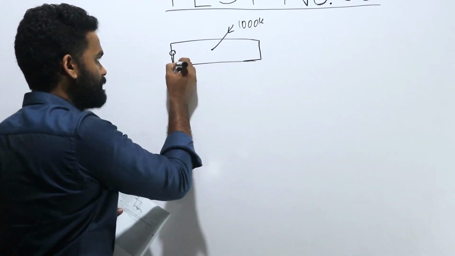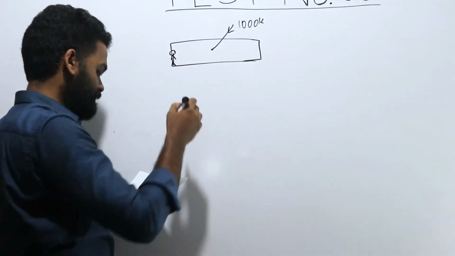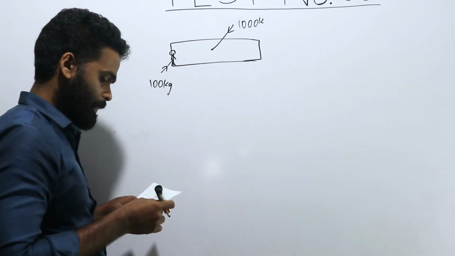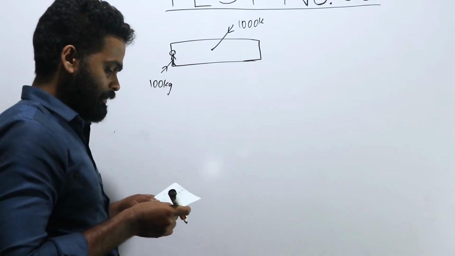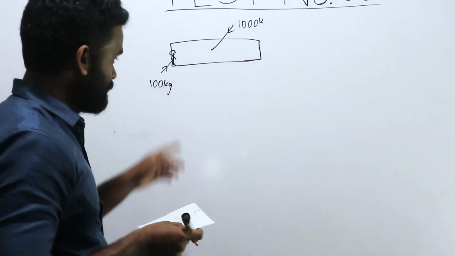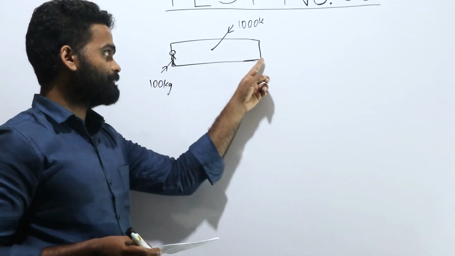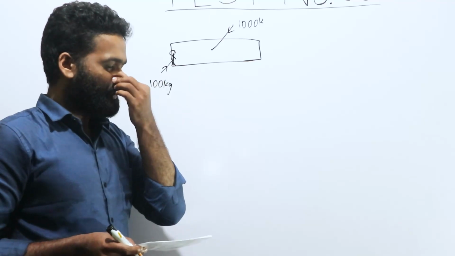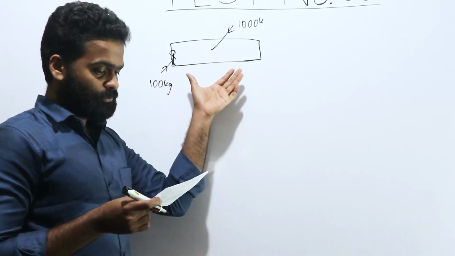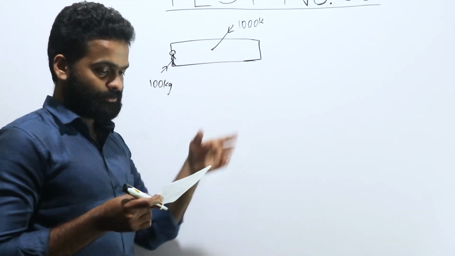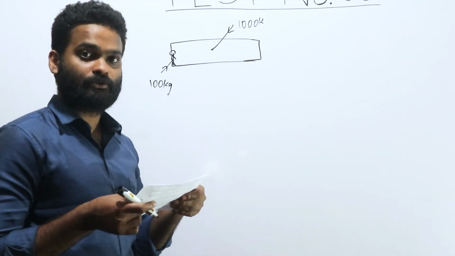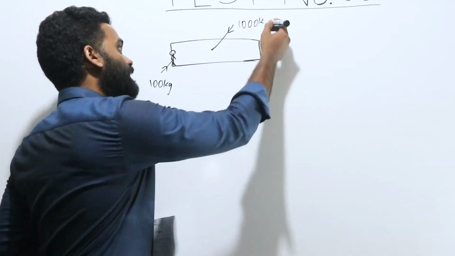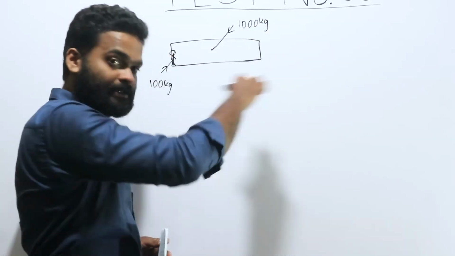Then there's a man at one end weighing 100 kg. They ask, when the man moves from here to here, what's the displacement of the carriage? Since this is a smooth rail track, there's no external force acting on this horizontally.